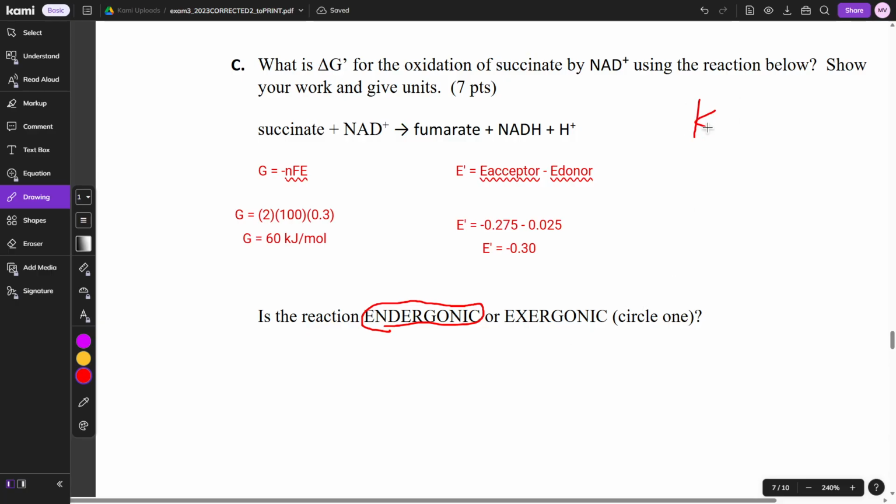No. It's always positive for KEQ. What is the relationship between KEQ and delta G? Yes, greater than 1, if it's greater than 1, delta G is negative. If it's less than 1, it's going to be positive. Remember, it's the negative RT ln KEQ.